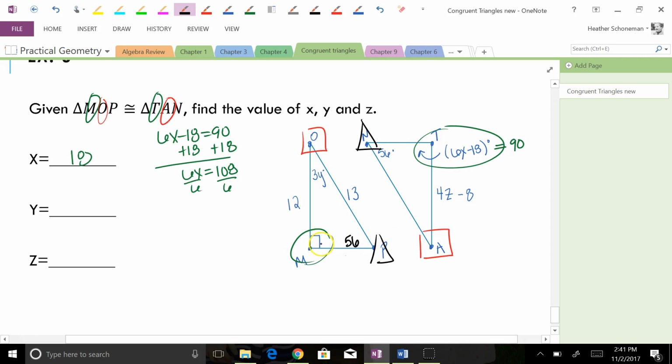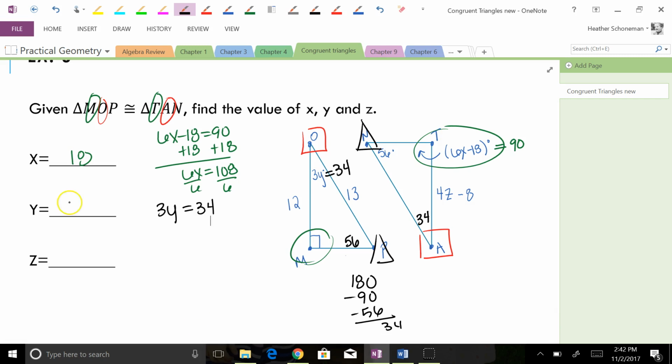So if that's 56 and this is 90, I can do 180 minus 90 minus 56 and get 34, which means this angle is 34 and this angle is 34. So we know that 3y equals 34. Divide by 3, we get a decimal, but that's okay, so we get 11.3.